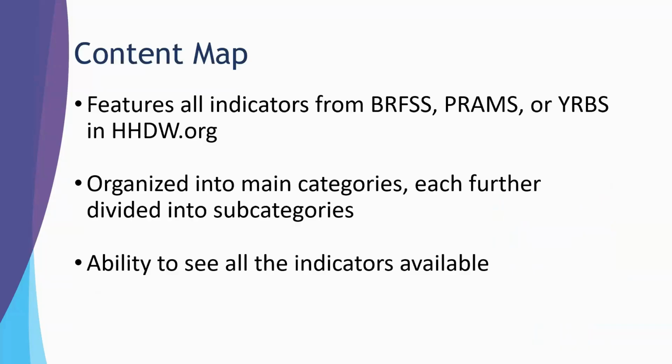We're going to look at the content map first. These show all of the indicators from BRFSS, PRAMS, or YRBS that are available in HHDW, and they are organized into the same categories and subcategories that you see when you're on hhdw.org and you're in that indicator selection page. What these do is provide you with the ability to see all of the indicators at once.